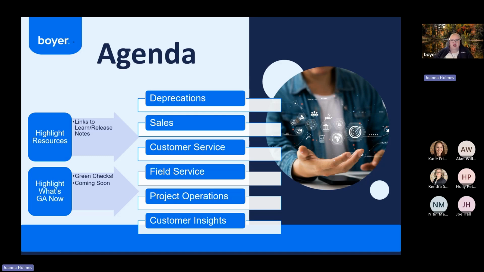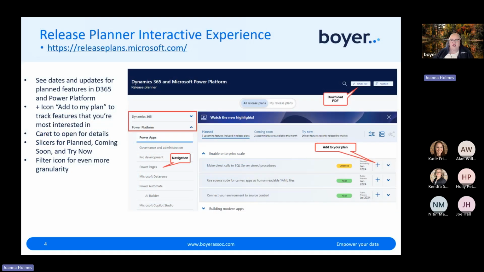So yeah, let's talk first about where you can dig into those release notes a little bit deeper. I plug it every time because it's a great tool and I use it myself, and that is the release planner. If you're kind of new to administrating or haven't really been through a release wave before, I highly recommend bookmarking this page because it can help you stay on top of everything that's in those release notes. You can pin things that you're like, ooh, this applies to me.